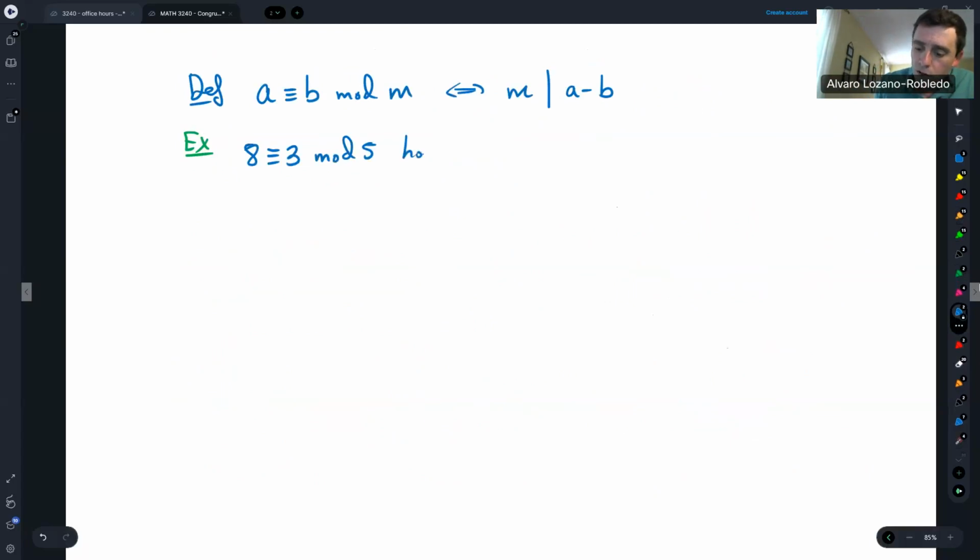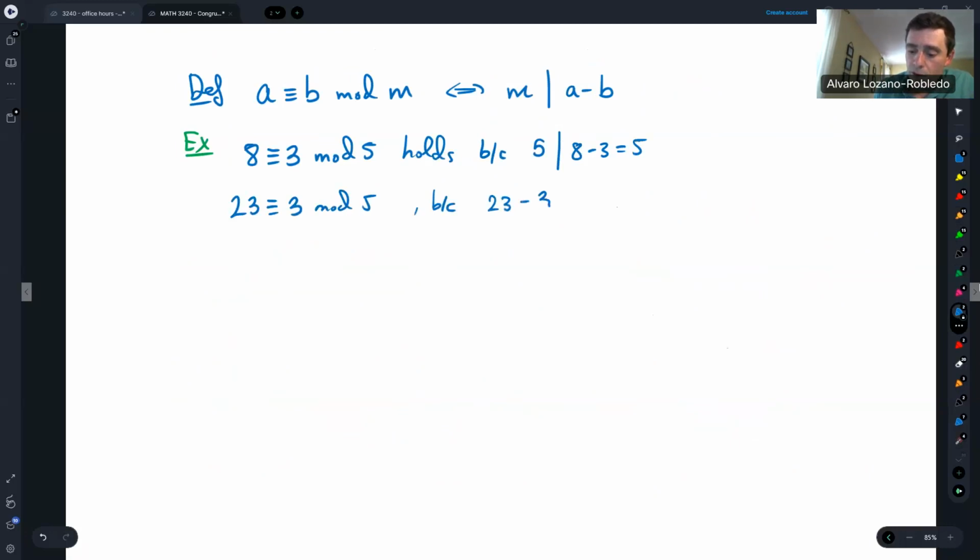This holds because 5 is a divisor of 8 minus 3, which is exactly 5. So 8 and 3 are congruent modulo 5. We also have that 23 is congruent to 3 modulo 5, also because 23 minus 3 is 20, which is 5 times 4. So it's a multiple of 5. So 23 and 3 are congruent.